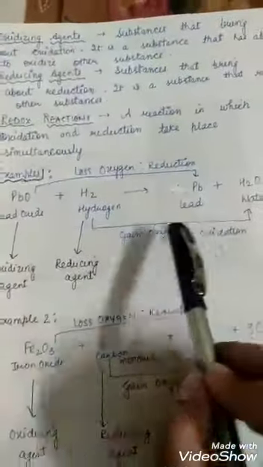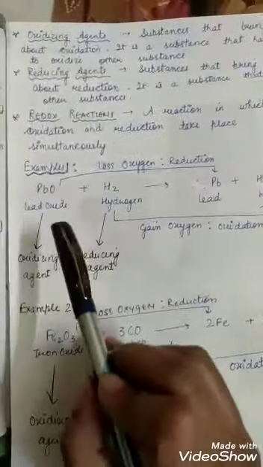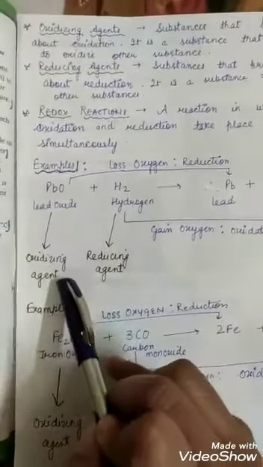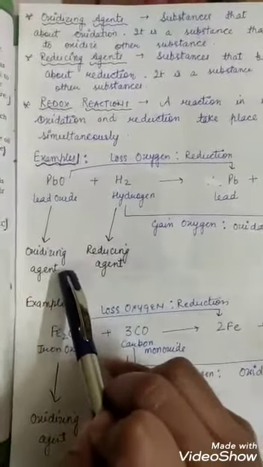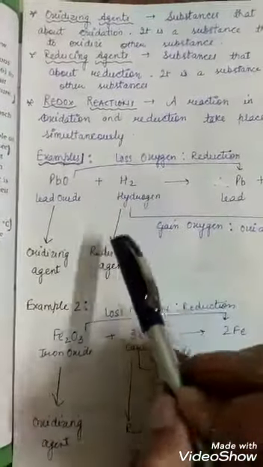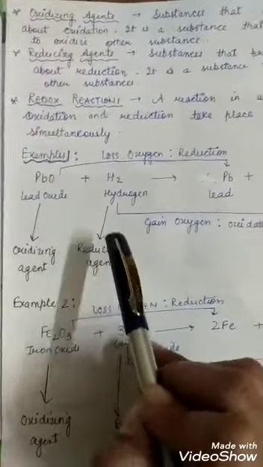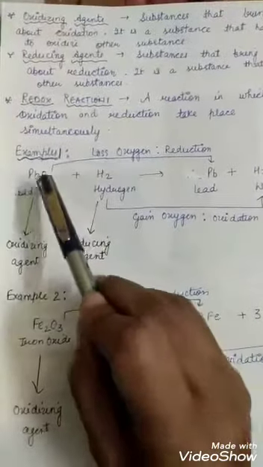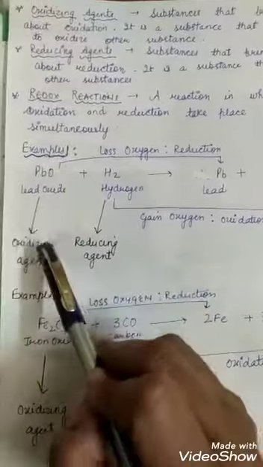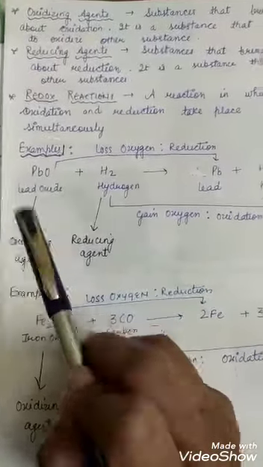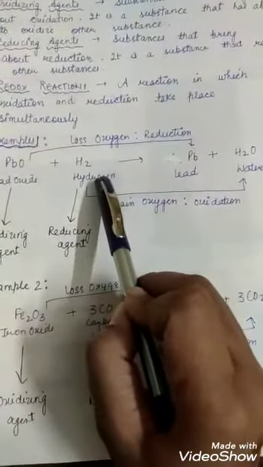Here in the reaction you can see that lead oxide is acting as an oxidizing agent and hydrogen is acting as a reducing agent because it helps in reduction of lead oxide, and lead oxide is helping in the oxidation of hydrogen.